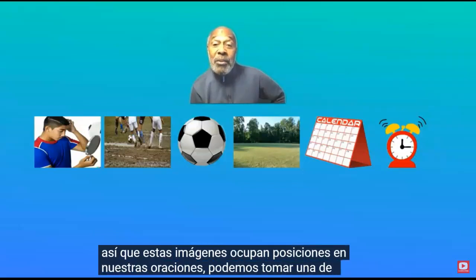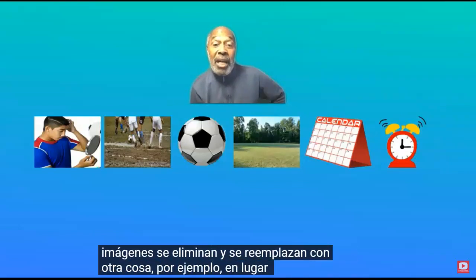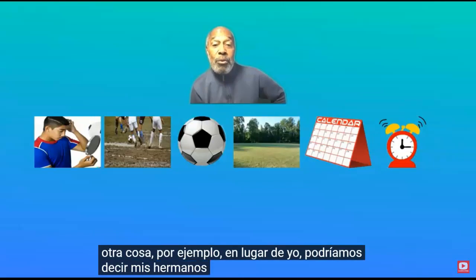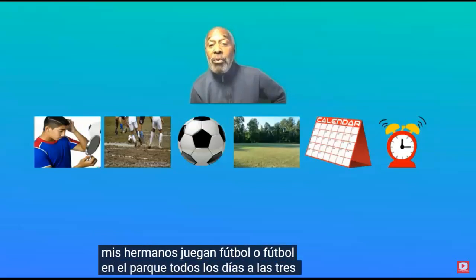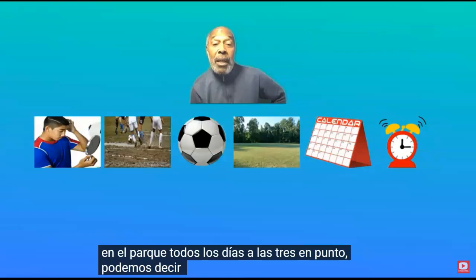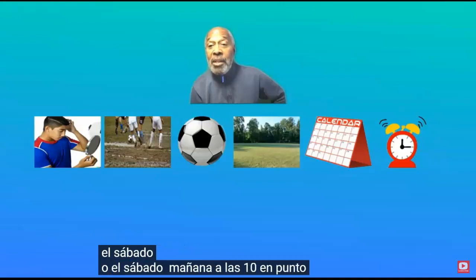We can take one of the images out and replace it with something else. For example, instead of I, we could say my brothers. My brothers play football or soccer at the park every day at 3 o'clock. We can say, my friends play video games in the library on Saturday or Saturday morning at 10 o'clock.